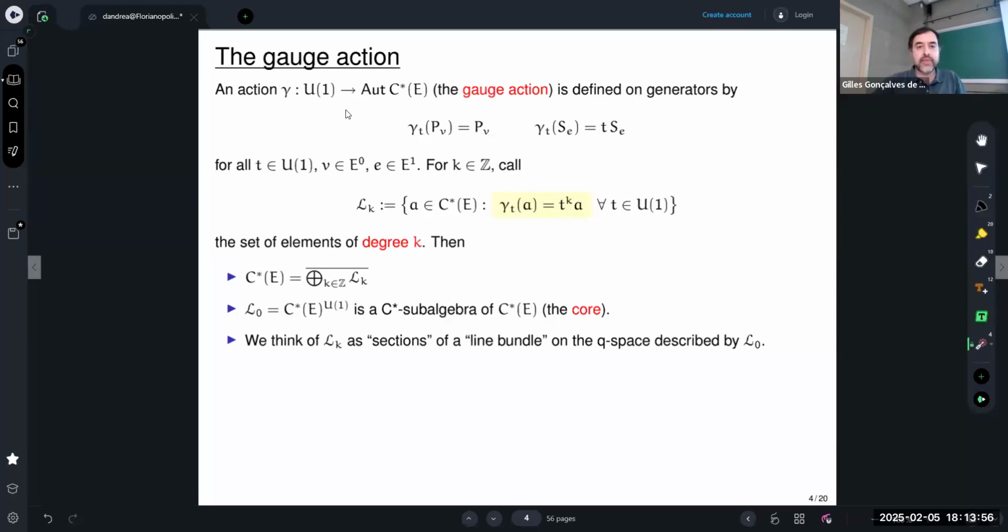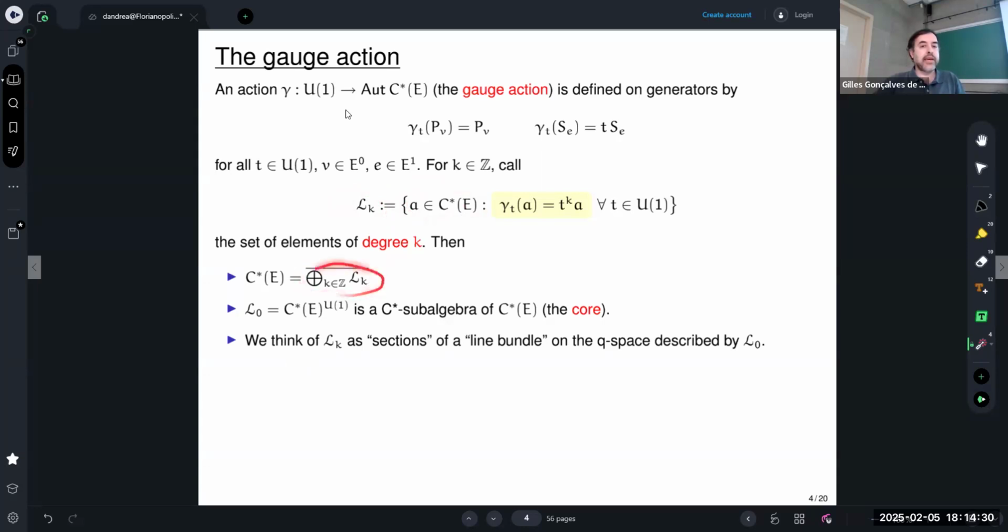Okay, yes, so maybe let me go fast also on this. There is a grading. So let me forget for a moment about projections. There is a grading which is induced by an action of U(1), but the grading is simple to describe because you can declare that every vertex projection has degree 0, every partial isometry S_e has degree 1, and then you extend the grading in such a way that it is compatible with multiplication, and you get the grading on your C*-algebra. L_k is the set of elements that have degree exactly k.